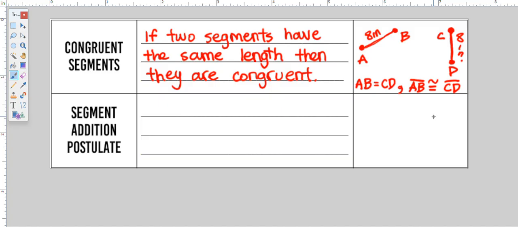Which brings us to the first postulate that we really discussed, which was the segment addition postulate.